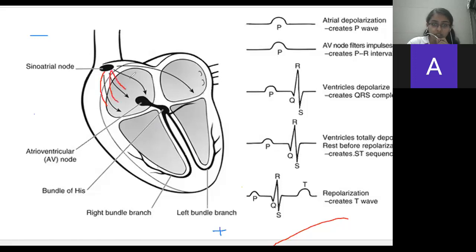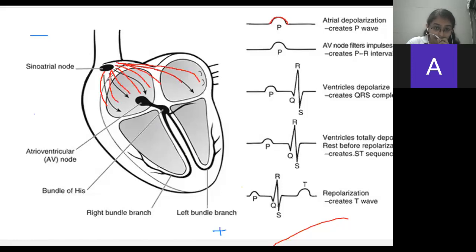There will be atrial depolarization or atrial systole. This atrial systole gives rise to wave P. You can see that wave P is positive in nature. Why is it positive?